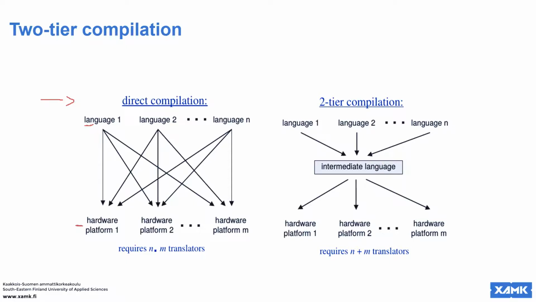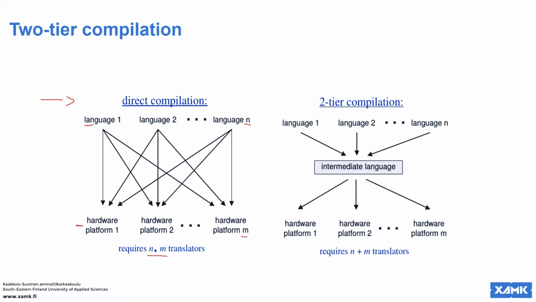And basically, we need to have as many compilers as we have both languages and hardware platforms. So if we have N supported languages and we have M supported hardware platforms in our computer system, we would need N times M compilers in this process to translate all of these high-level languages to these different hardware platforms. And you might think, so how is this relevant?